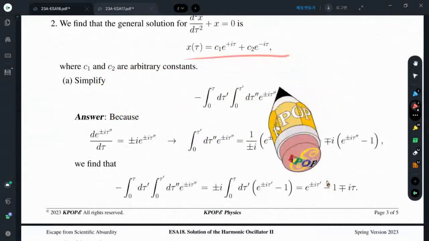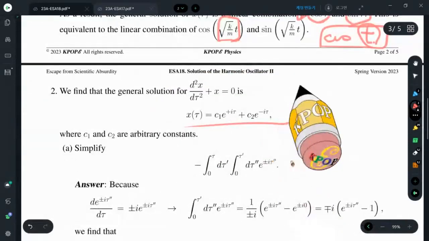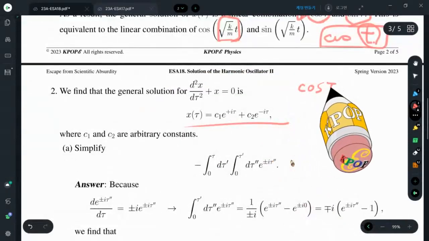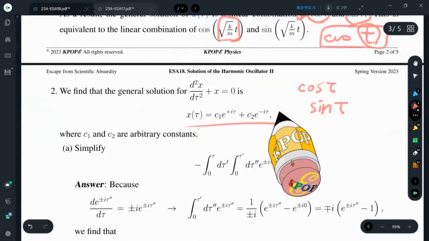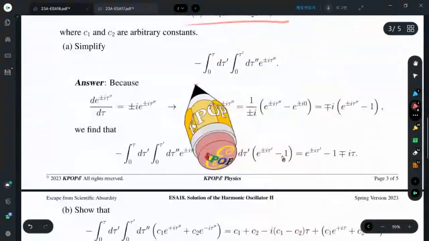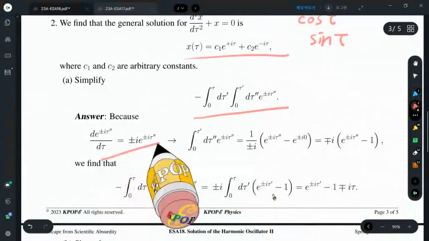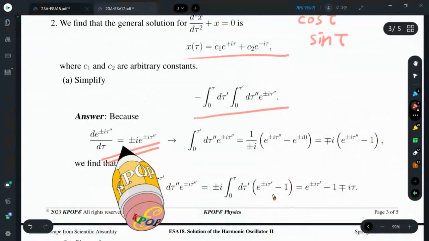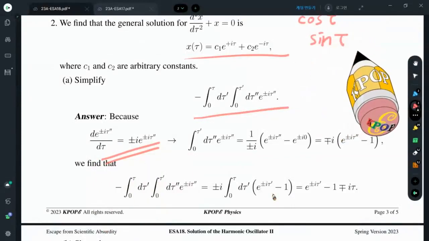We know already the solution can be obtained. In the previous class, we have made use of cosine tau and sine tau. You can follow the same way to evaluate the double integral. However, the integral and the derivative for the exponential function is much simpler than cosine and sine.